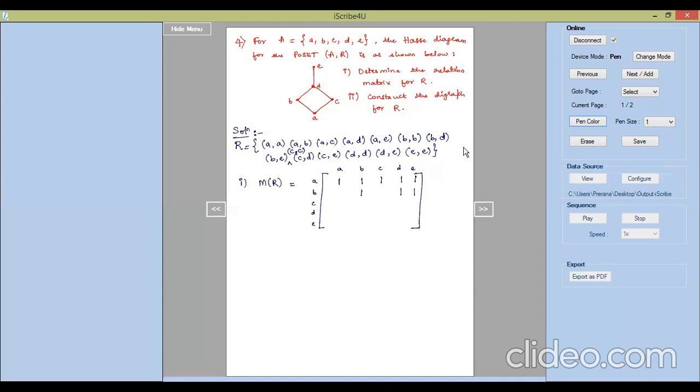Next we have CC, CD, CE. Then we have DD, DE, and finally EE. The rest of all the elements will be zeros.